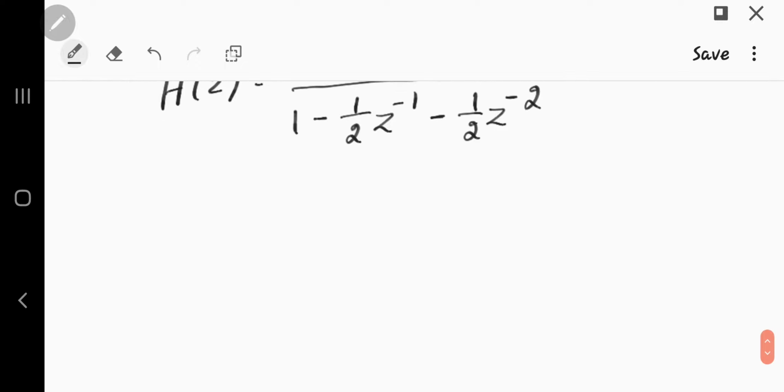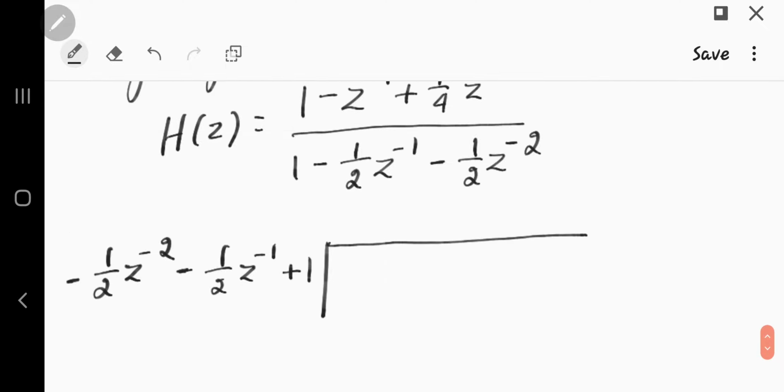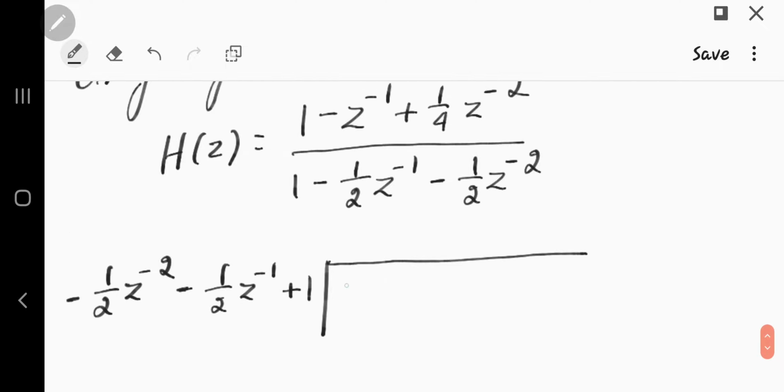Now in this long division method, we have to write the denominator in decreasing order. So minus 1 by 2 z power minus 2 minus 1 by 2 z inverse plus 1, and the divisor is 1 by 4 z power minus 2 minus z inverse plus 1.